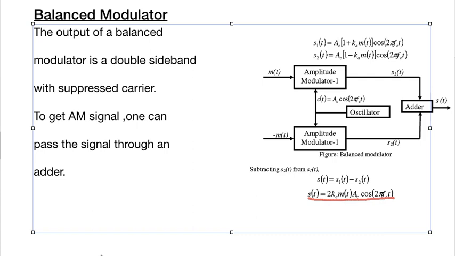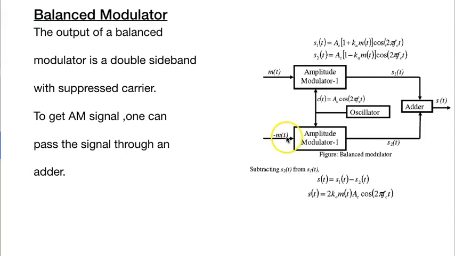These signals are good in amplitude modulation because they require less power in comparison to the earlier signal. And they can be modulated using an amplitude modulator with m(t) and minus m(t) passed through a modulator with an oscillator at FC frequency, and added.